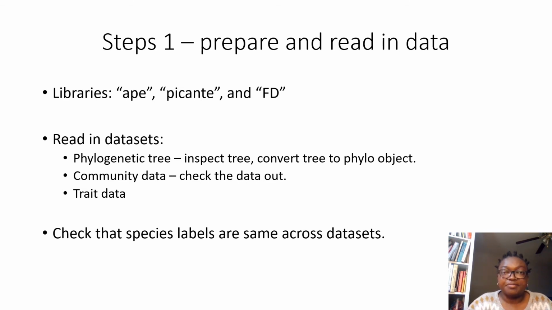So it's going to match the species names or species labels, excuse me, on the tree with what you have on the community or the sample data set. And if there are species that are not on one or the other data set, it's going to drop those.